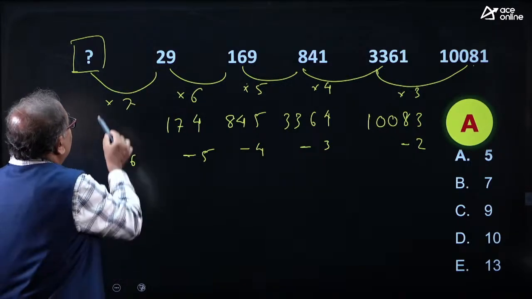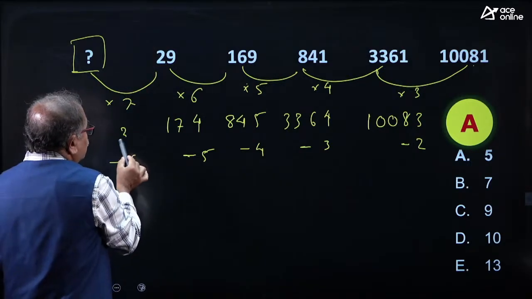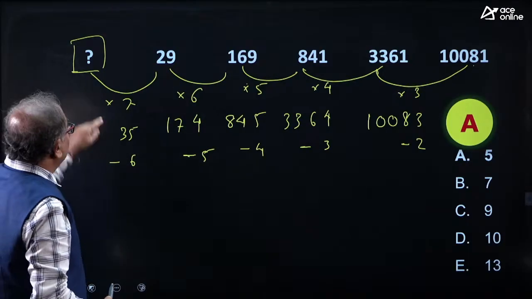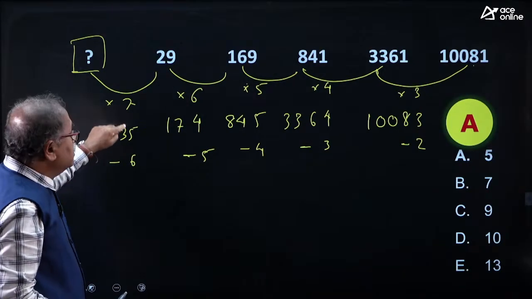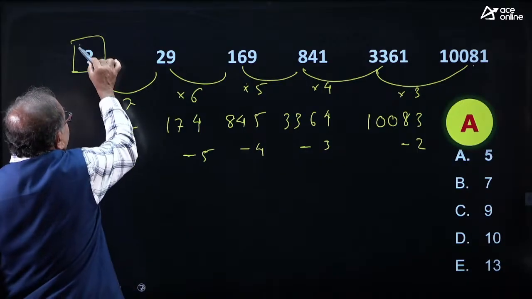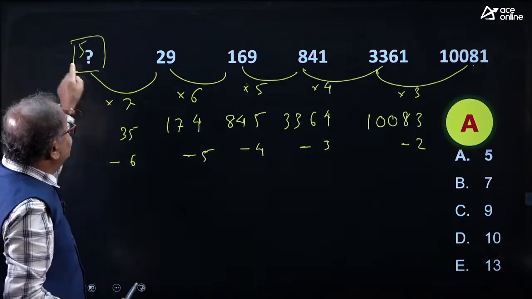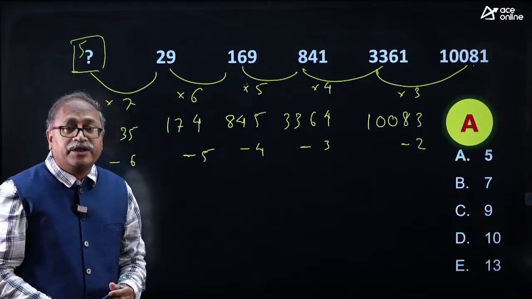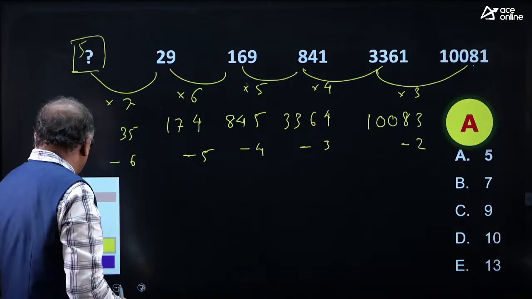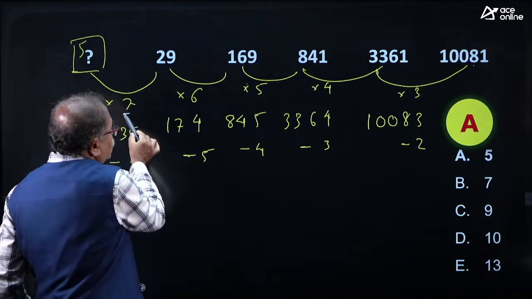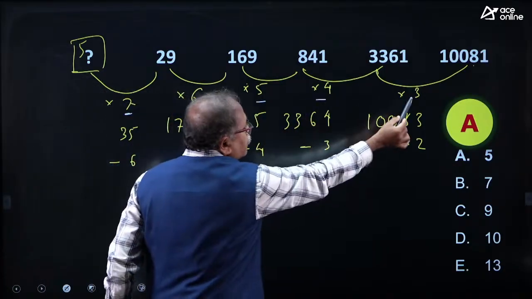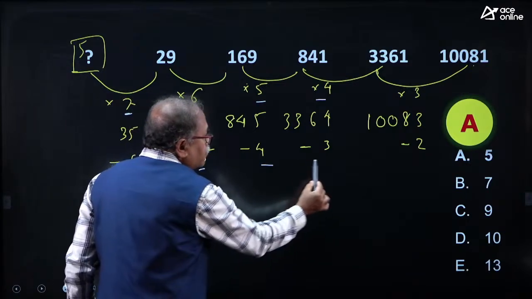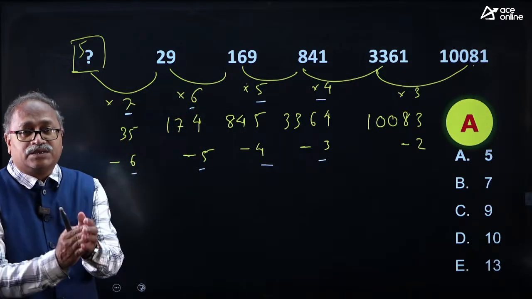So, here the result here should be 35. 35 minus 6 is 29. So, what number should I multiply by 7 in order to get 35? It is obviously 5. 5 7 35 minus 6 29. See that every parameter is matching here. It is in a decreasing order, 7 6 5 4 3, and here it is in a decreasing order, 6 5 4 3 2. Well done, sir.